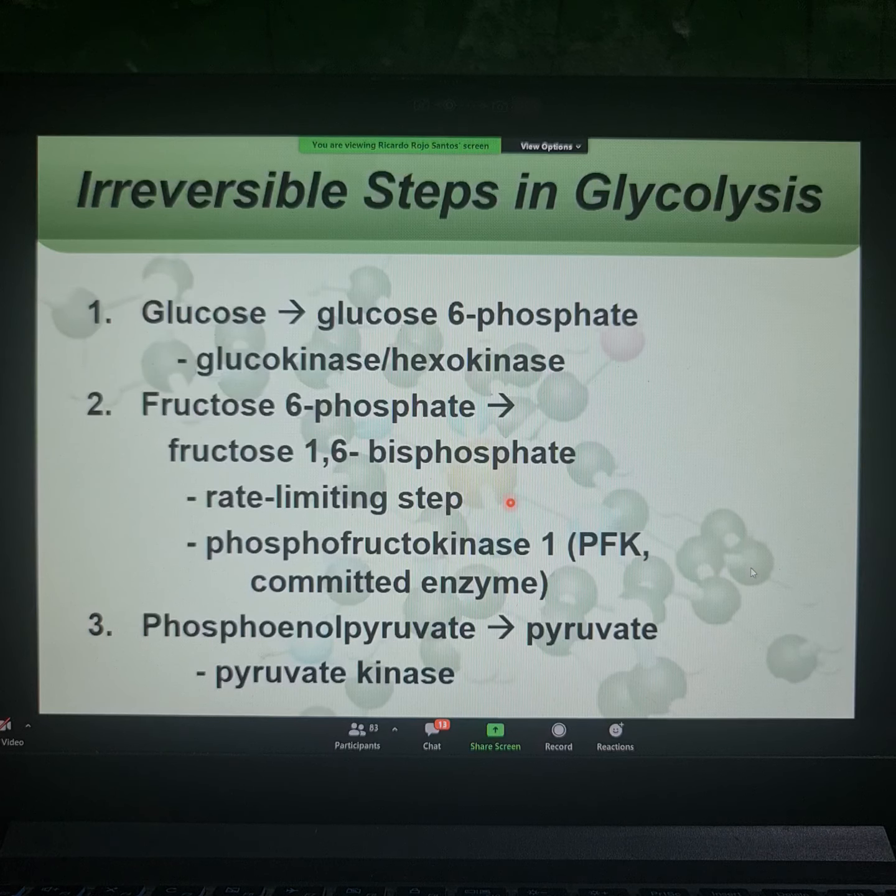And what is the significance of this step? It is the rate limiting step catalyzed by phosphofructokinase 1, which is the committed enzyme. And the third irreversible step is the conversion of phosphoenol pyruvate to pyruvic acid catalyzed by pyruvate kinase. So remember the reactions, remember the enzymes involved.